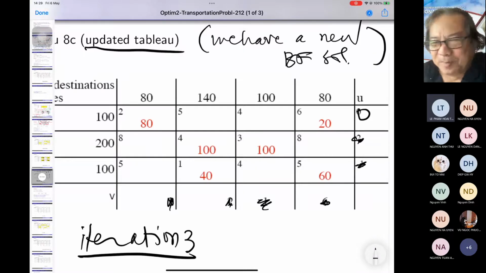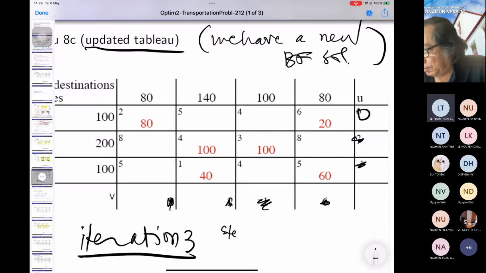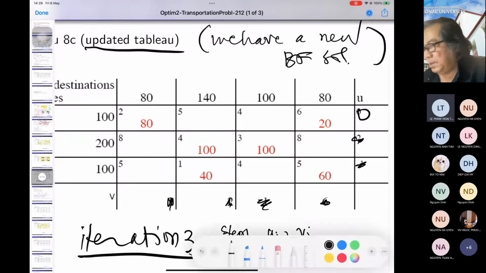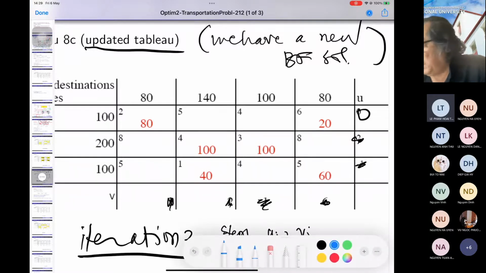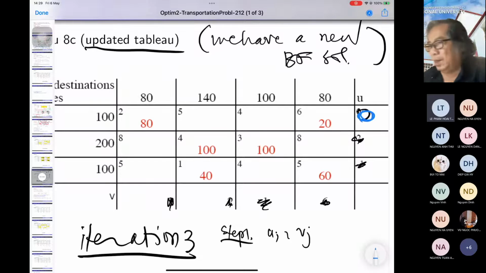Who can tell me now? We find out, in iteration step 1, Ui and Vj. Can you tell me what Ui and Vj are here? U1 is 0.